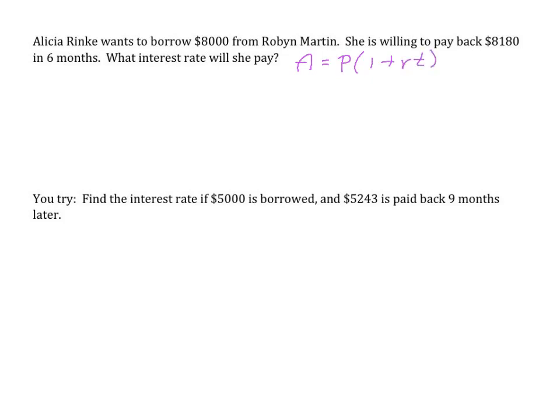We know that our principal is $8,000. We don't know what our rate is. The amount that she's willing to pay back is $8,180. And our time is 6 months out of the 12, which is the same as 0.5, since that's easy to figure in our head. So now we'll plug them in.